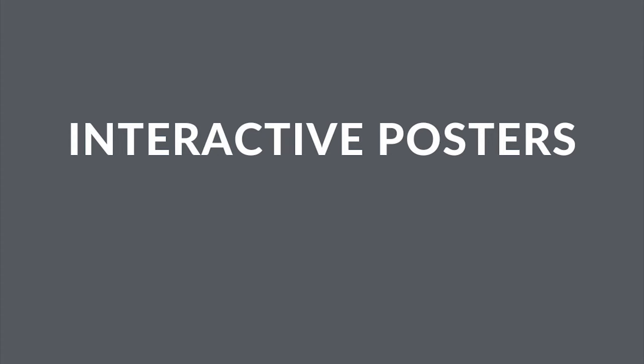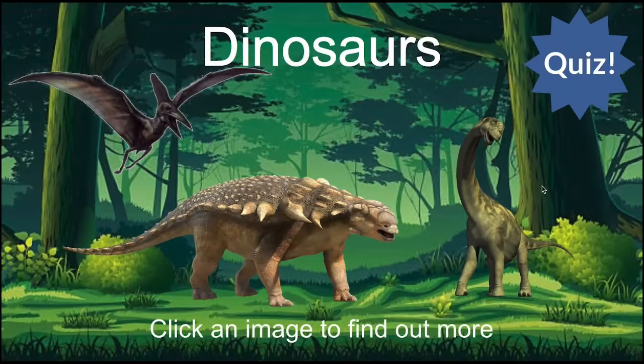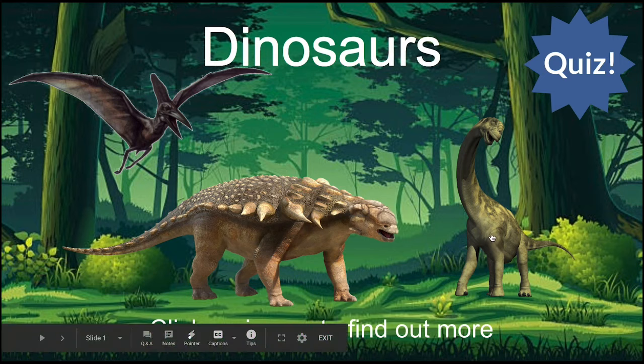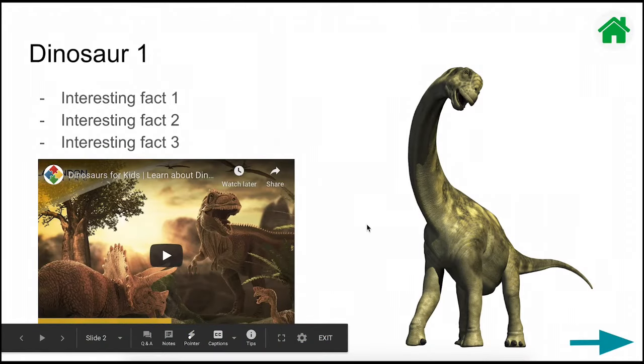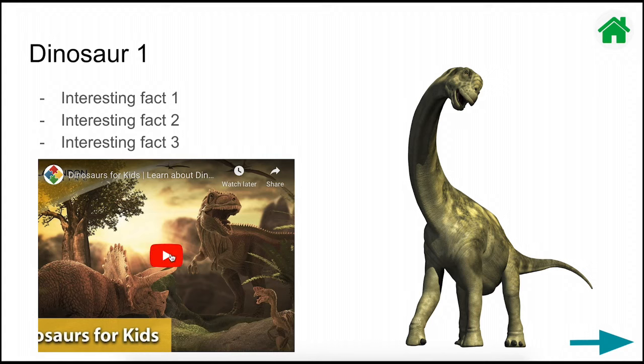So let me start by sharing with you what our final product is going to look like. Here we have our poster all about dinosaurs, and you'll notice that down at the bottom there are instructions that tell us to click on an image to find out more. If we click on one of the dinosaurs, we're taken to a page that has some interesting facts, a video, as well as a picture of the dinosaur, and some navigation tabs.